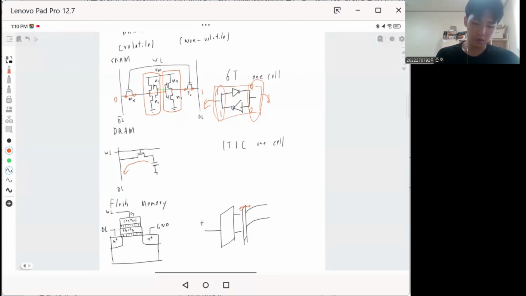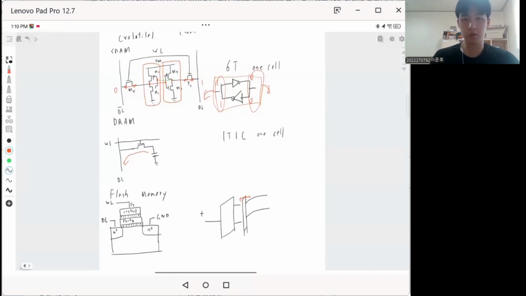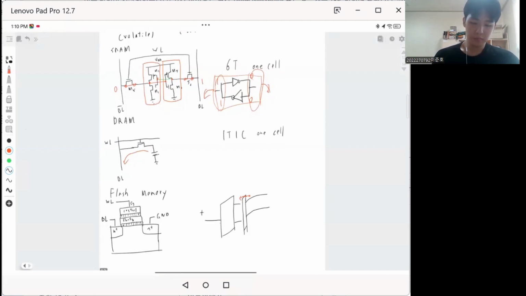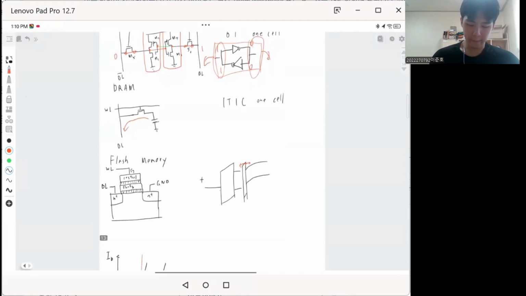But when the transistor is off, the capacitor discharges to ground, so it has to be refreshed every microsecond. So it has high power dissipation, and it is very slow compared to SRAM.